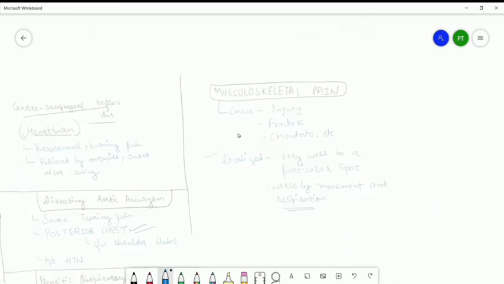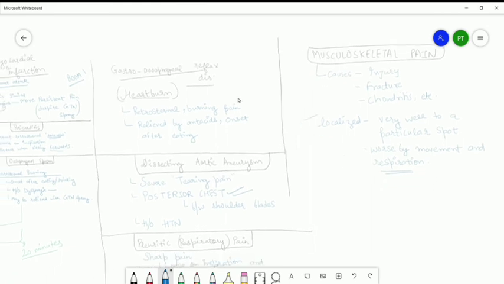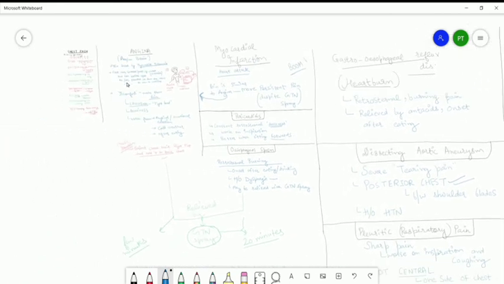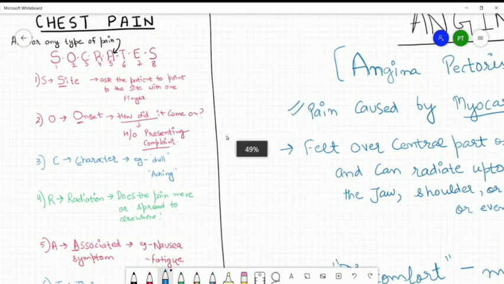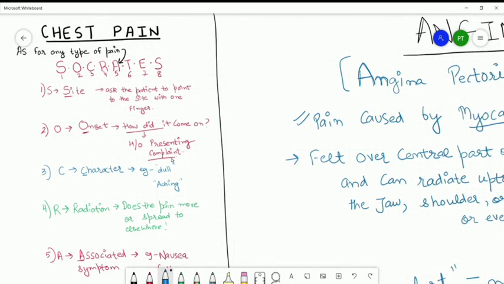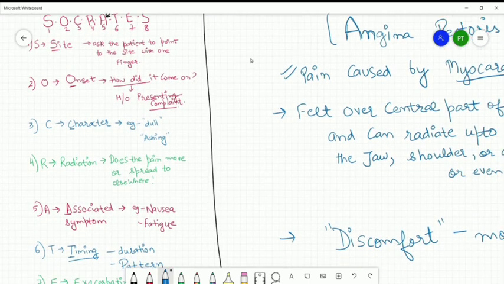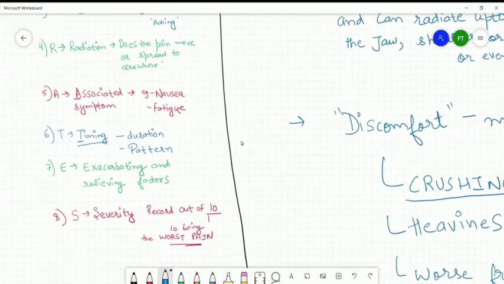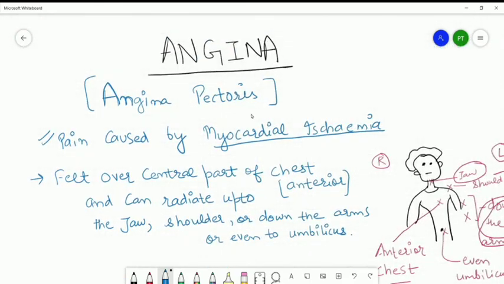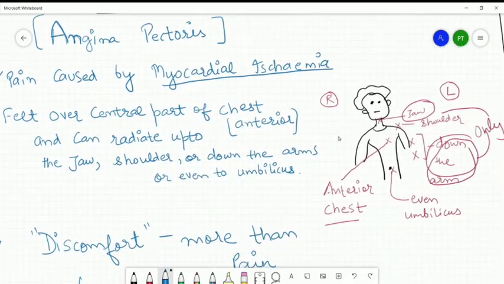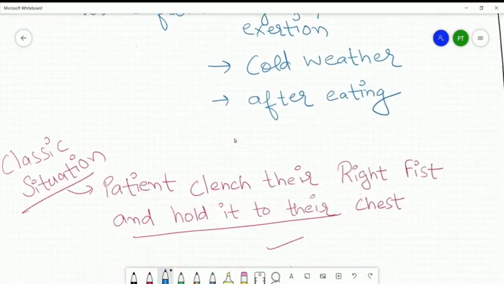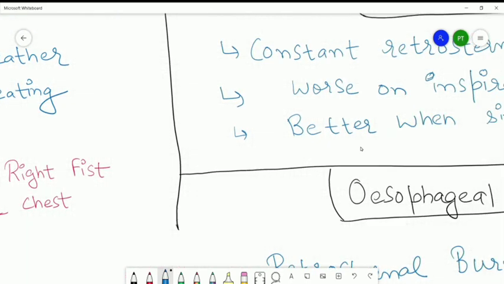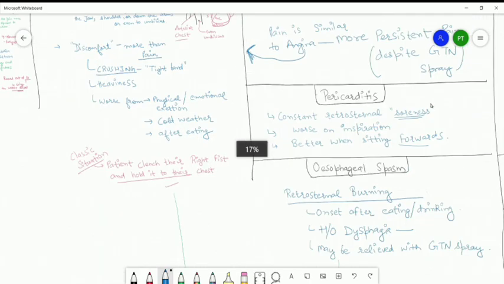So let's wrap it up. These are our differential diagnosis for chest pain. Okay, let's have a quick revision. So first we started with the chest pain, and we have to remember SOCRATES to learn what to ask in a chest pain. We have site, onset, character, radiation, and all the other questions. Then we have angina, discomfort more than pain. Patients clench their right fist to their chest.